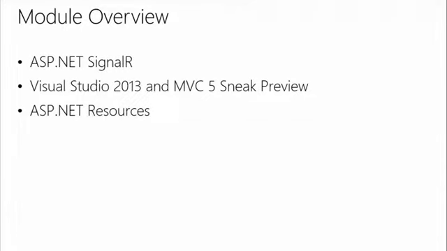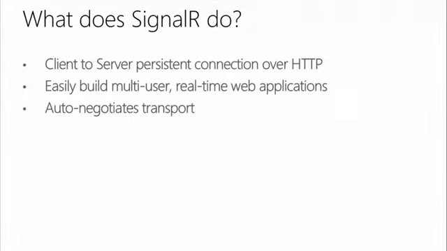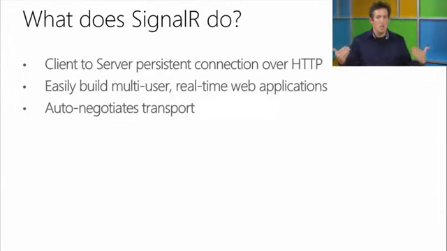Yep, absolutely. So let's start off by taking a look at SignalR and what SignalR is going to do for us. Let's talk right away about the problems with HTTP. HTTP is a stateless protocol, which in a nutshell means that the user is going to send the request, the server is going to execute some code, it's going to send a response back to the user, we're going to disconnect, and we're going to forget who that user is.